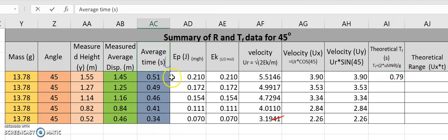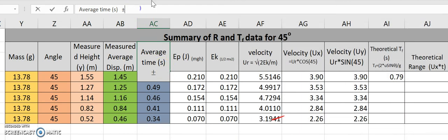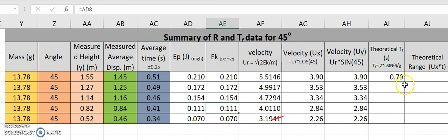We could put that in here where we say the accuracy is, insert symbol, plus or minus, insert 0.2 seconds, plus or minus 0.2 seconds. Let me decrease the size of that because it's huge. And so we're almost within that sort of margin of inaccuracy there.